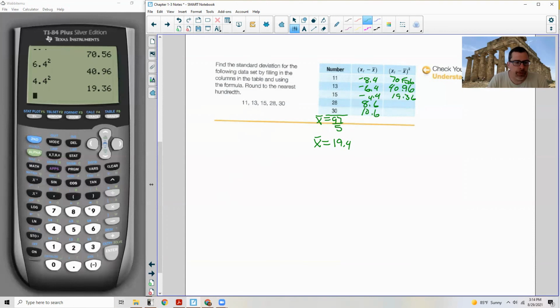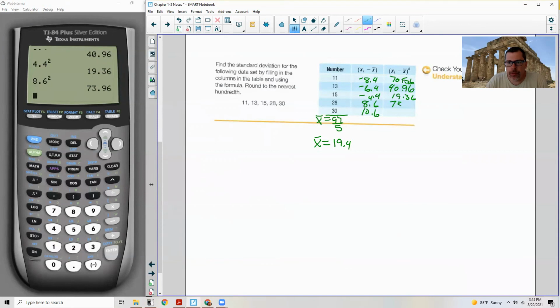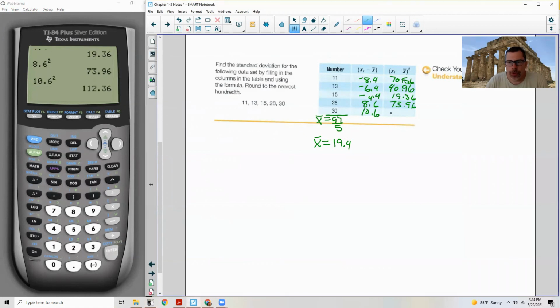Did we do that yet? No. 8.6 squared. Enter. 73.96. And then finally 10.6 squared is 112.36.